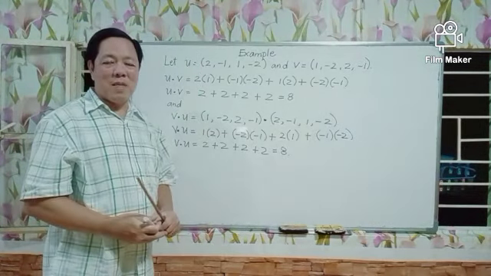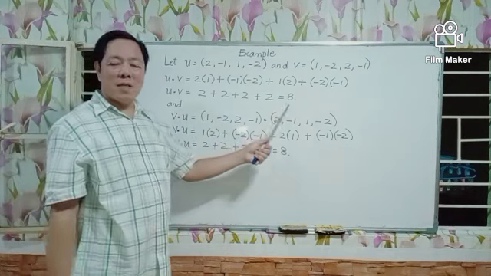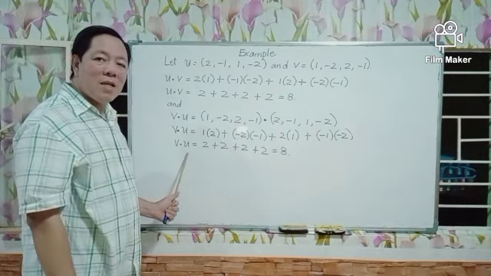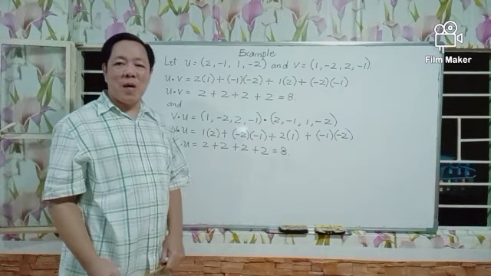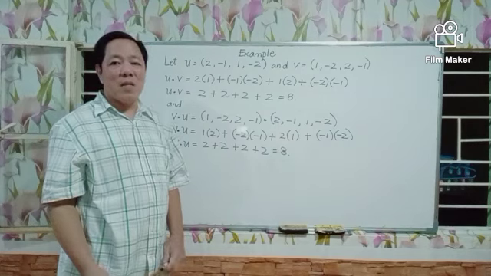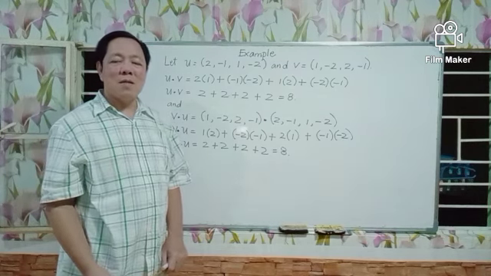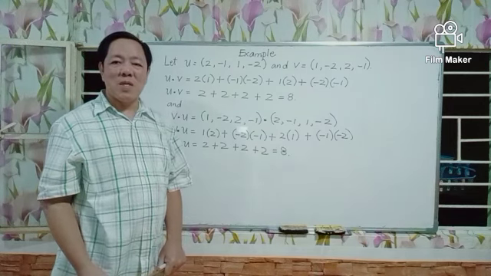Hence, we can see from this example that the dot product of u and v, 8, is equal to the dot product of v and u, also equal to 8. Thus, we conclude by this example that dot product or scalar product of vectors satisfies the commutative property or commutativity property.